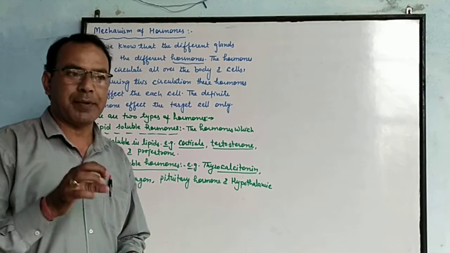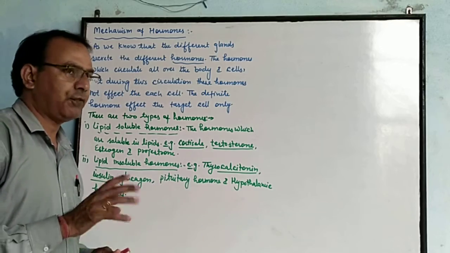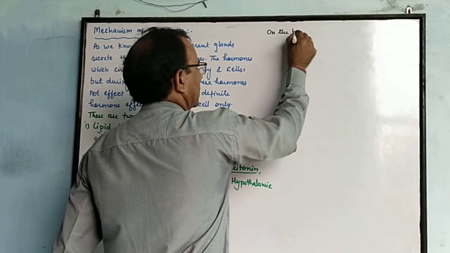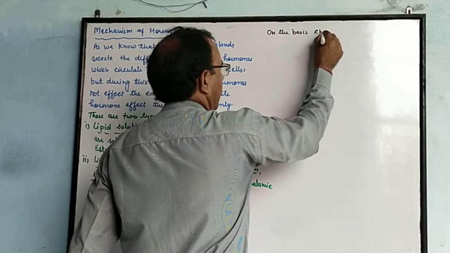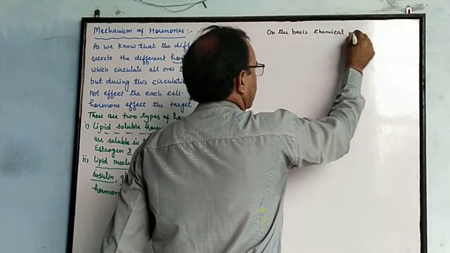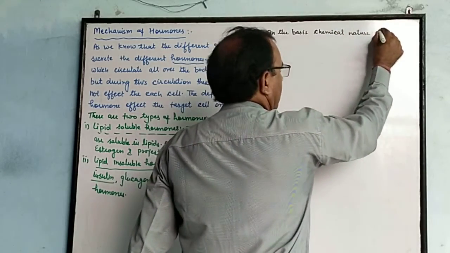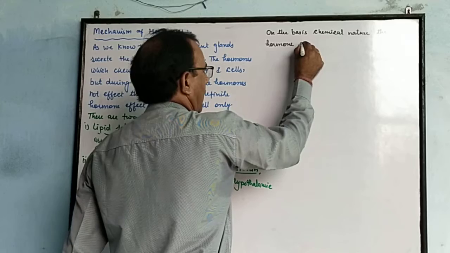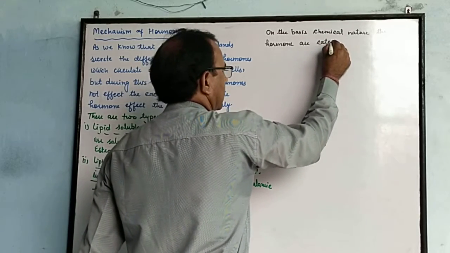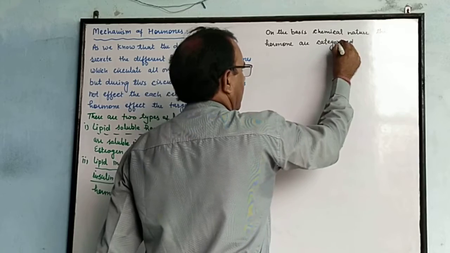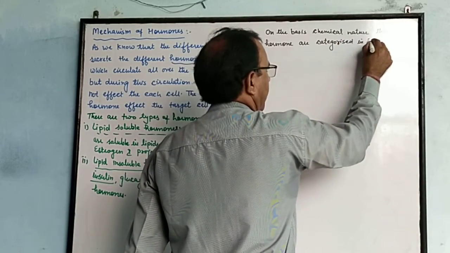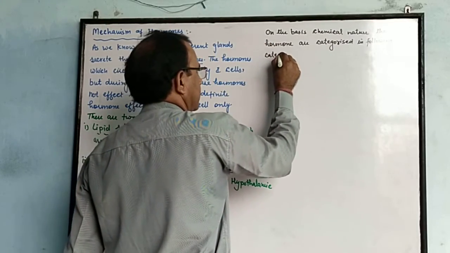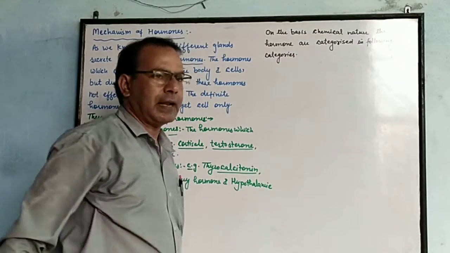But on the basis of chemical nature, the hormones are categorized into four categories.